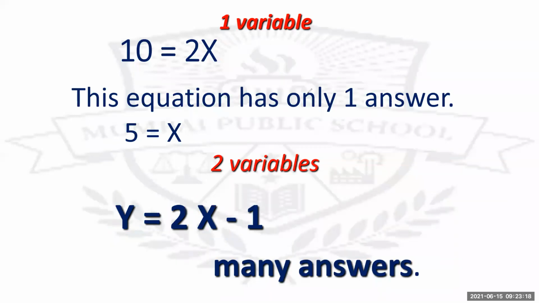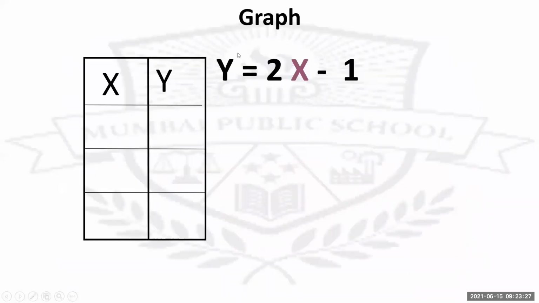Now plotting the graph of this one variable and two variable equation, that we are going to study. Now plot the graph of y equals 2x minus 1.